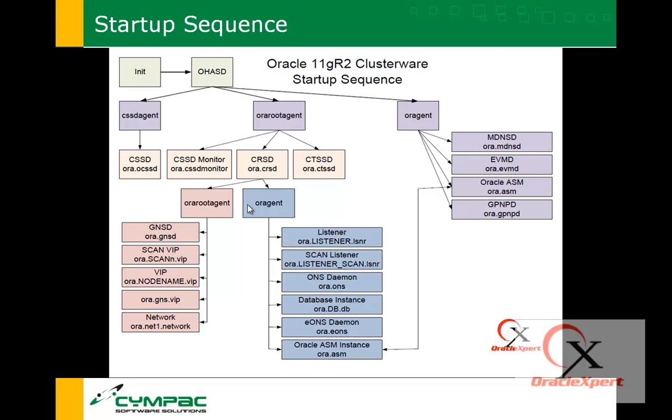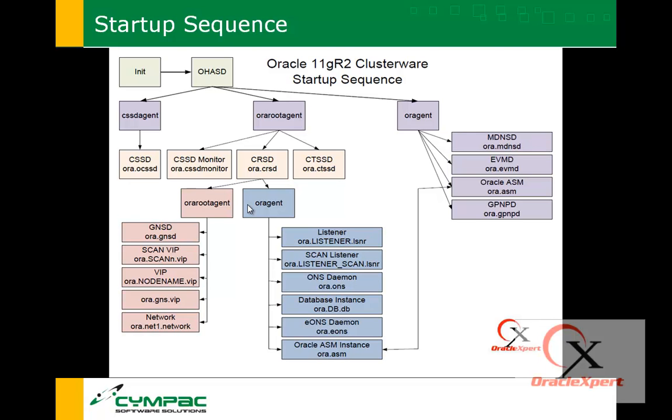They are your regular listeners, which listen on the public and the virtual IP of a given machine, SCAN listeners, which listen on the SCAN VIP, ONS, the Oracle Notification Server daemon, which is used for propagating the local events to all the ONS clustered nodes, database instances for whatever databases you have on that machine, the EONS daemon, which is again part of the notification service, and the Oracle ASM instance configured for your node. All of them are started as non-privileged activities done by the Oracle agent.